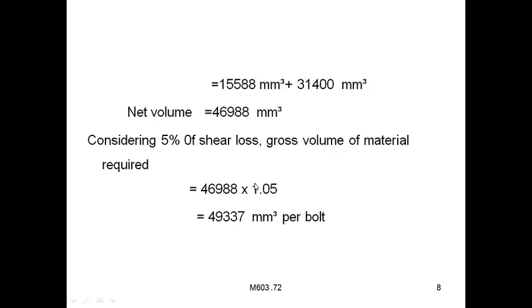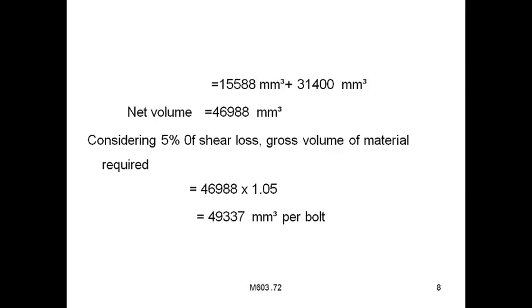Otherwise you can multiply with 0.05 to calculate the shear loss individually, then sum up that value to the net volume to get the gross volume. So instead of calculating the shear loss separately, you multiply with 1.05 and you will get the gross volume.